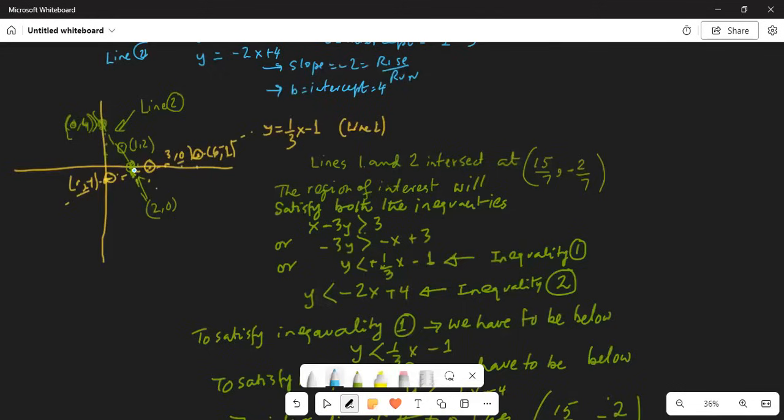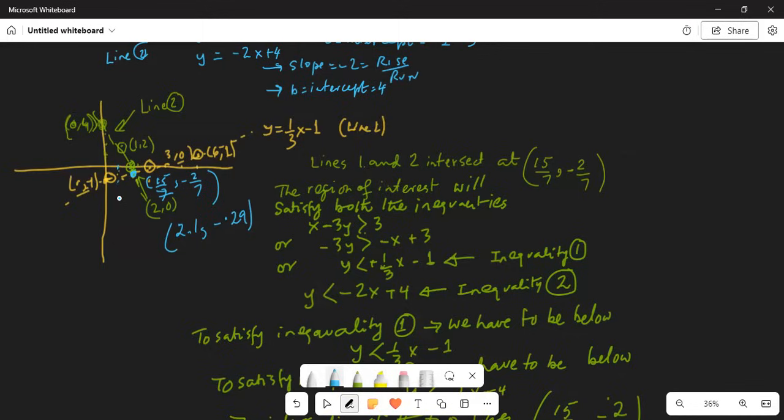The x coordinate is 15 over 7, and the y coordinate is minus 2 over 7. So 15 over 7 is 2.1, and this is minus 0.29.